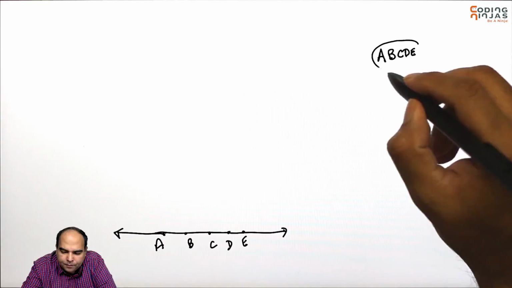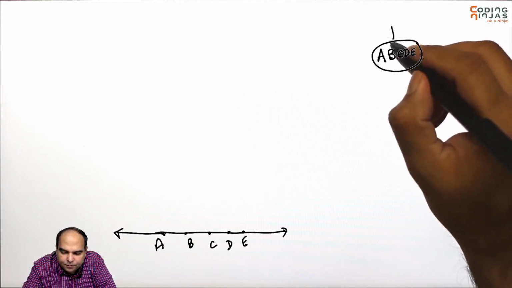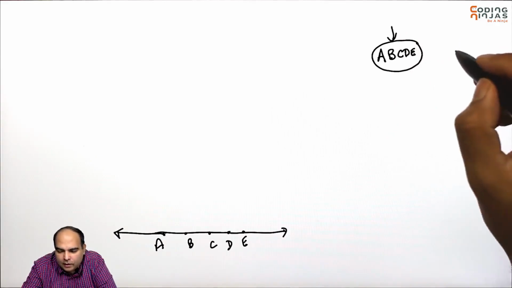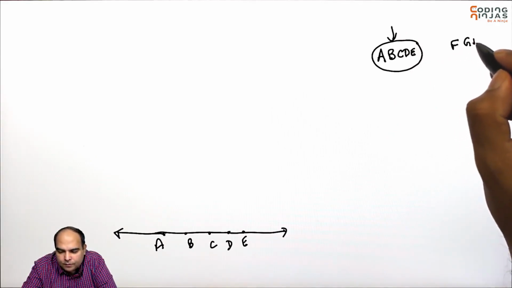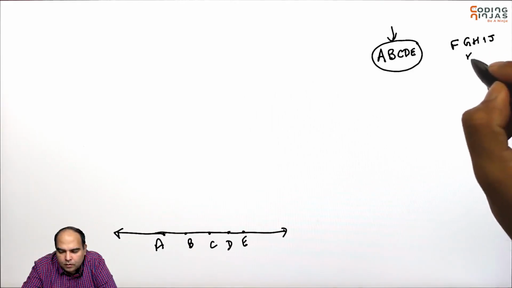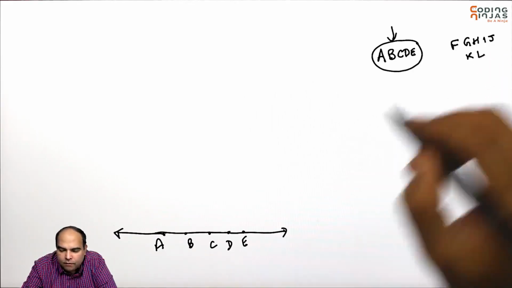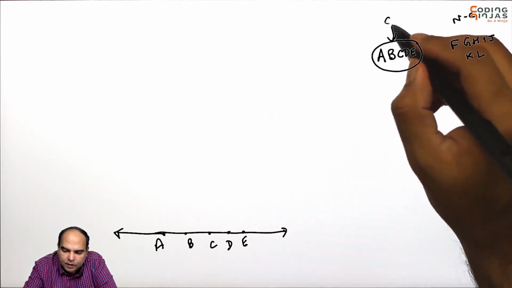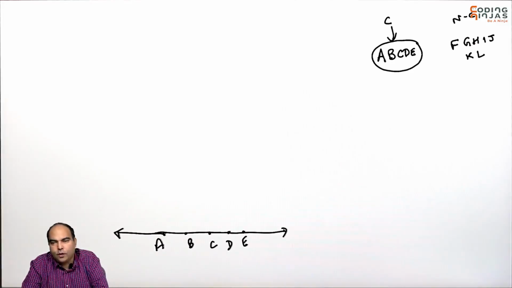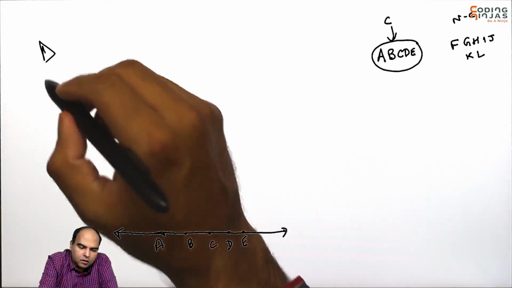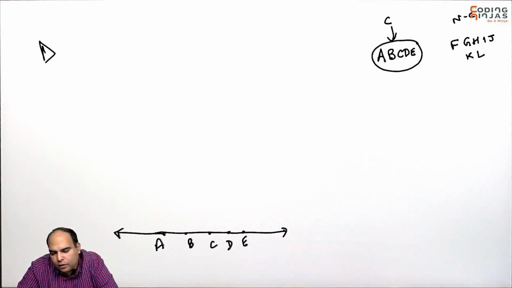So in this scenario, you have 5 points which are on the straight line, and you think of 7 points, F, G, H, I, J, K, L, which are the non-collinear points. These are the collinear points. So all these 3 questions, the triangles question first, all these 3 questions you have an option of doing through either adding cases or subtracting cases from the global situation.